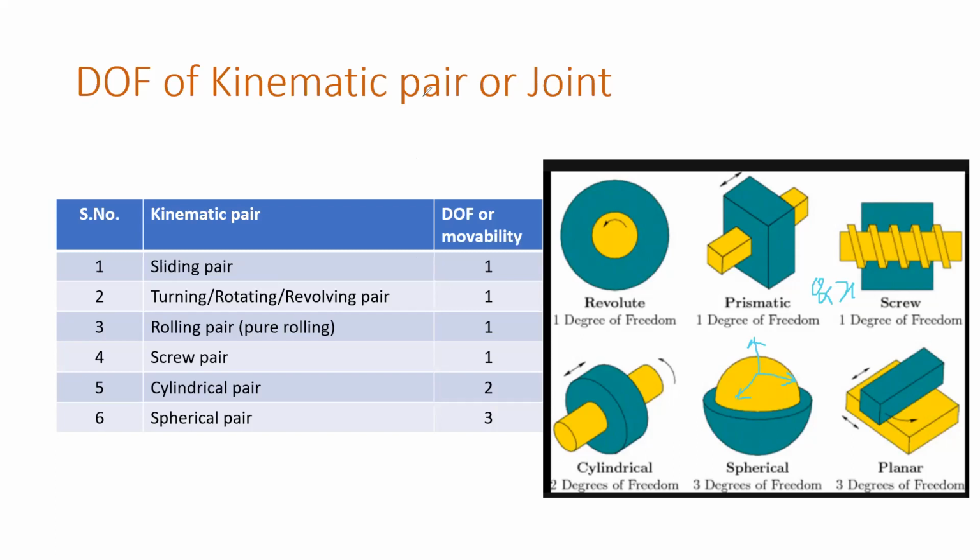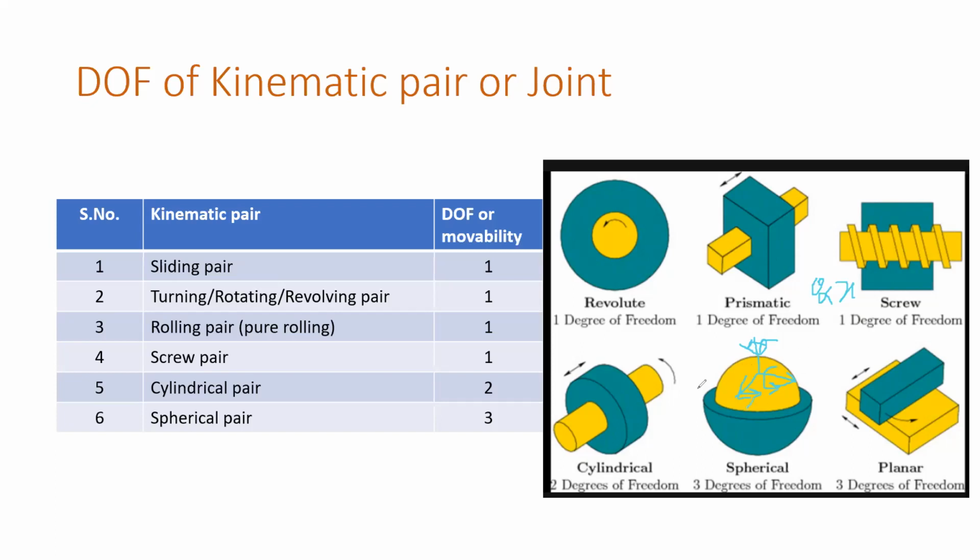How can we turn the spherical pair in the y direction, up or down? Yes, why can't you rotate it? You can turn it. See, this sphere is present in this spherical cavity. You can turn it like this also, or you can turn it about the third axis.